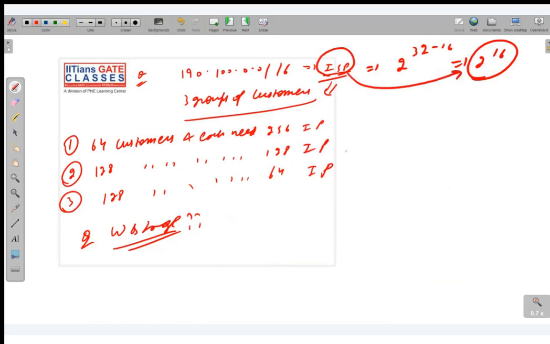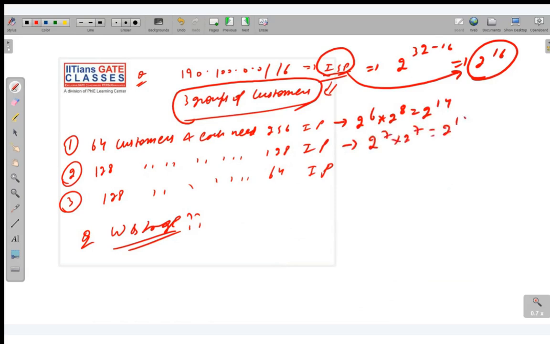Okay, now it is dividing these IP addresses into three groups of customers. So 64 customers and each needs 256 IP addresses. So first group needs how many IP addresses? 2 power 6 multiplied by 2 power 8, that is 2 power 14. Any doubt here? No, sir. Okay, next 128 customers, each needs 128 IP addresses. So 2 power 7 into 2 power 7, that is again 2 power 14.